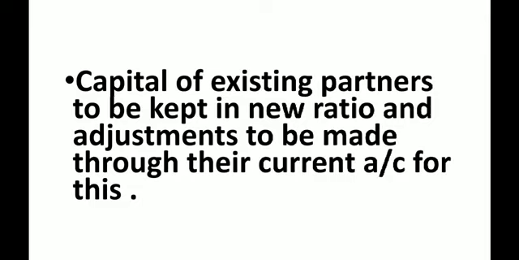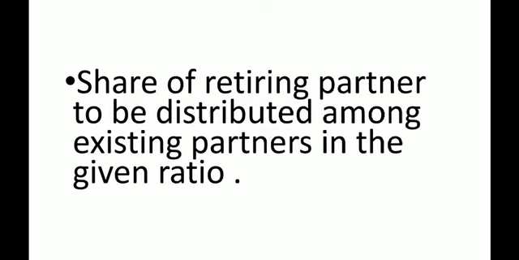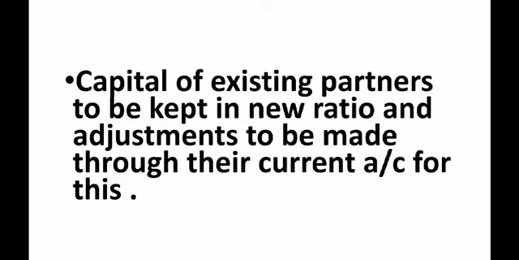If you all remember, in illustration 20, they had instructed us that we are supposed to keep the capital of the partners in new profit and loss sharing ratio, and the changes related to that adjustments should be made through bank. Here it is to be made through current account of partners. Alright? So these are the new topics for today. Other things remain constant.